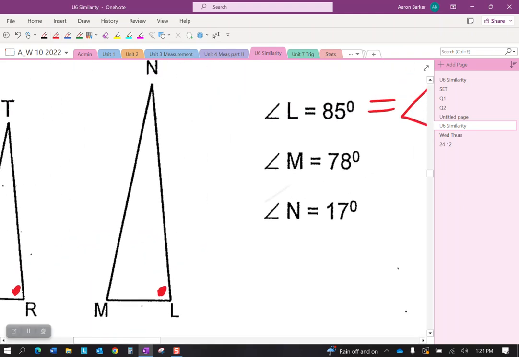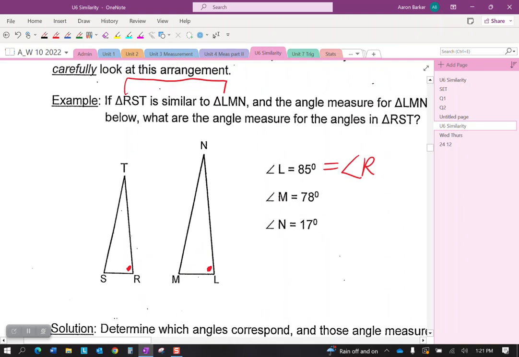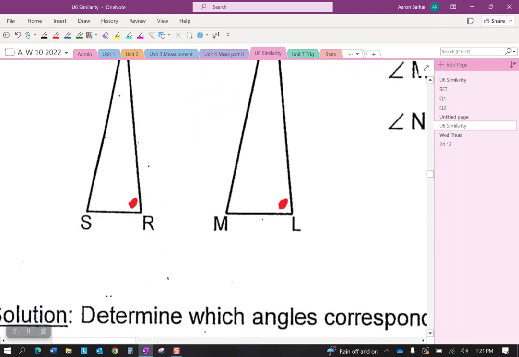Same symbol means they're equal. Then we have angle M. Angle M is in the very middle of the name. Because it's in the middle of the name, the angle that's equal to it has to be angle S, because angle S is also the middle letter. We could put any symbol we want here. What symbol do you want to use? An open circle sounds good. So if S is an open circle, M must be an open circle as well.